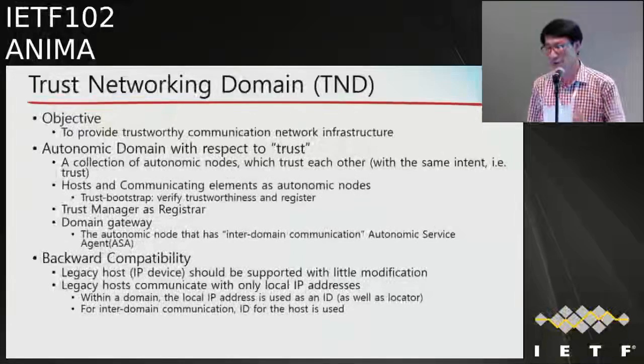So based on these two comparisons and the limitations of the current security model, we propose a trust networking domain. The objective is to provide a trustworthy communication network infrastructure, especially in this working group context, for autonomic computing, and an autonomic domain with respect to trust. The current autonomic domain doesn't have such characteristics, but it has a limited one. But in this proposal, we propose the autonomic domain with respect to trust.